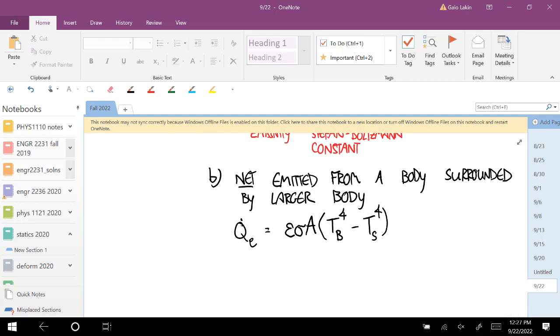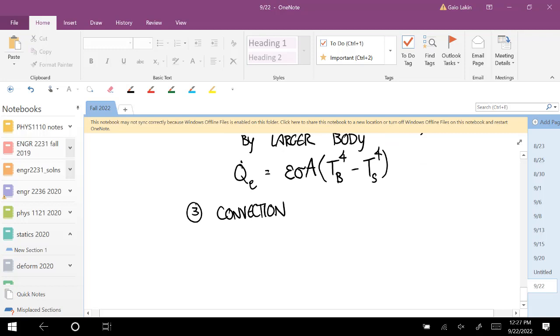And then after radiation, the last form of heat transfer is convection. And the formula for convection doesn't have a name. It's not like a scientific law. It's just sort of some stuff that you noticed, and you have to take measurements of your setup.